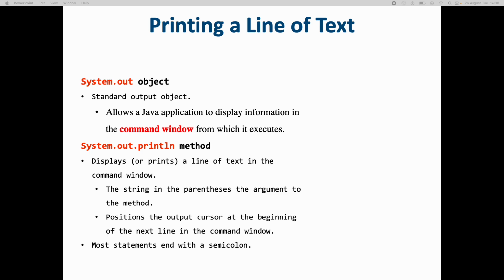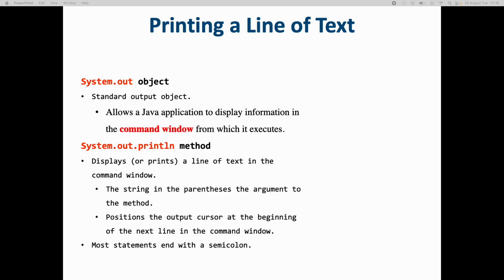And then in Java, every object has its own functions. An object has some capabilities, which we call functions, and this object has the println method. The println method basically prints messages to the console.